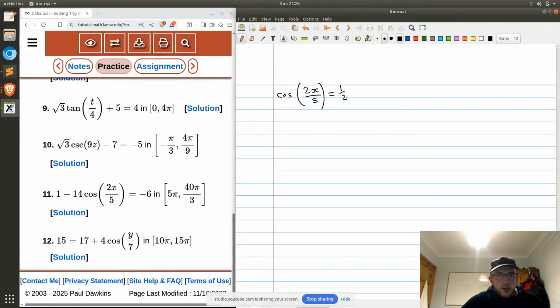So what does that mean? Let t equal 2x over 5, then t can be pi over 6. No, it can't. No, you're not doing that right. Pi over 3.